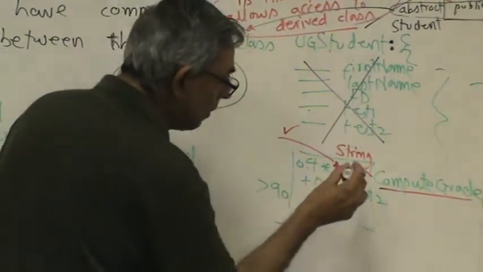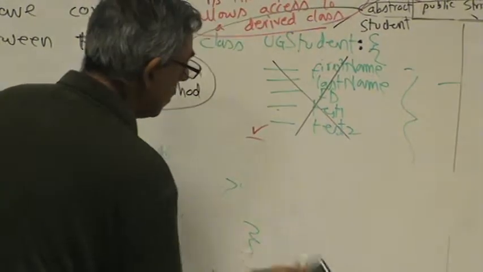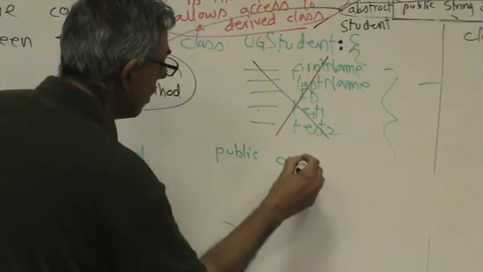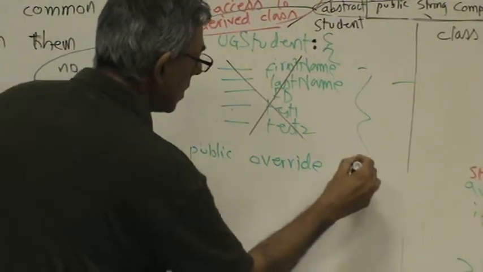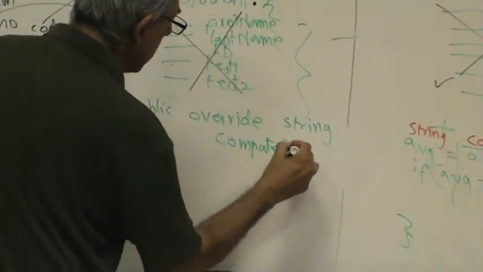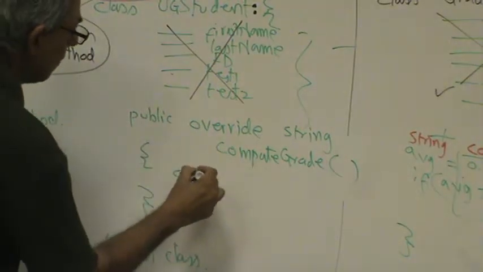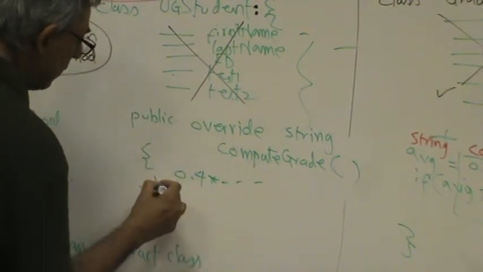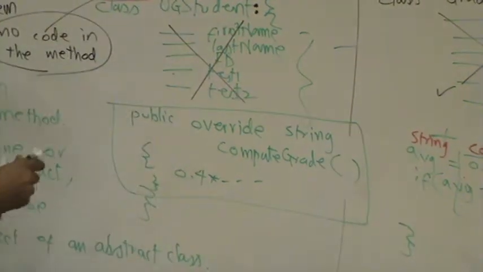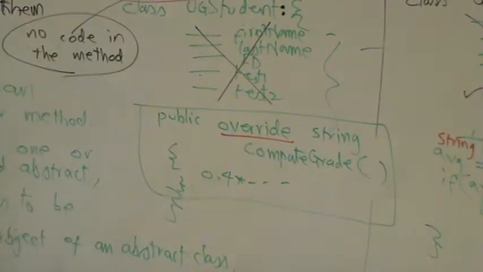then in C# you will use the keyword override. So you will write it as public override string compute grade, and then 0.4 times and whatever that code is. So you have to put this keyword called override. Now take a look.